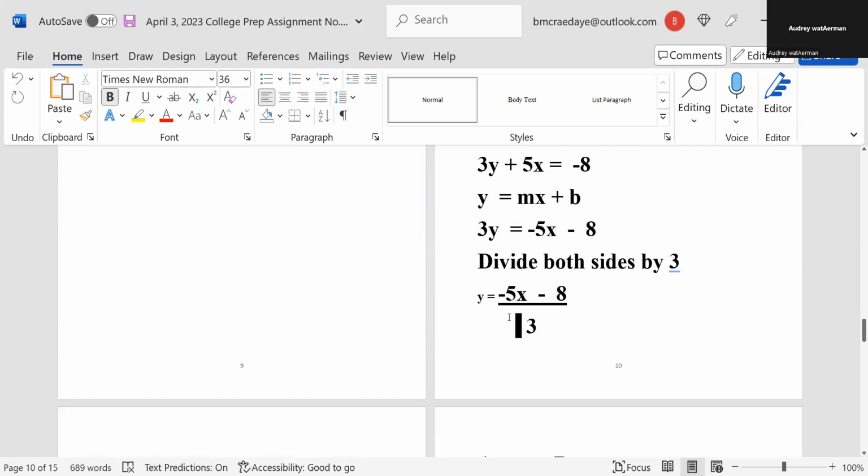Divide both sides by 3. Remember, the minus 5x divided by 3 and the minus 8 divided by 3.